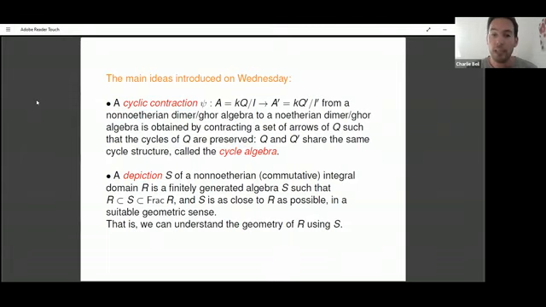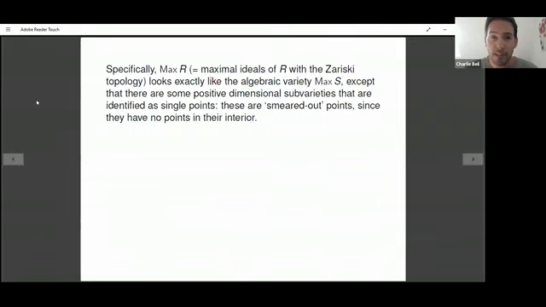That is, we can understand the geometry of R using S. Specifically, max R, by which I mean the maximal ideals of R with the Zariski topology, looks exactly like the algebraic variety max S, except that there are some positive dimensional subvarieties that are identified as single points. These are smeared out points since they have no points in their interior.